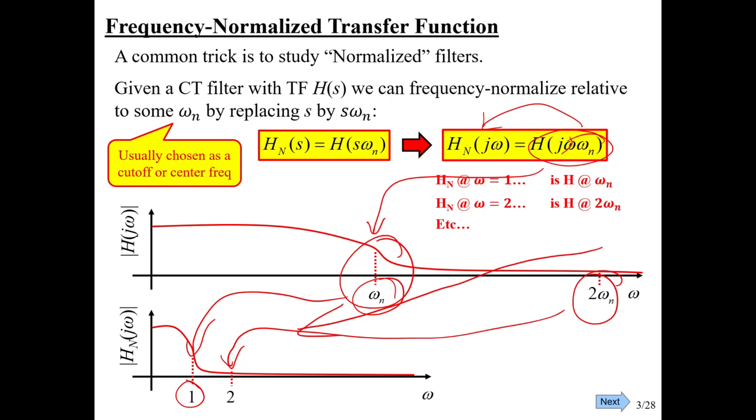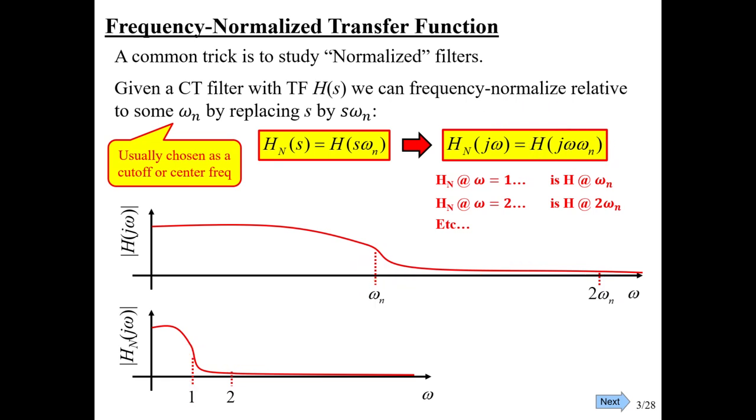Now you might say, why do we do that? It's just so that we can talk about these normalized filters. We can do all of our work in terms of the normalized filter, get a nice form for the normalized filter, and then if you want a certain omega sub n, a certain cutoff frequency, a certain center frequency, you can just unnormalize it, so then you map it back to here.